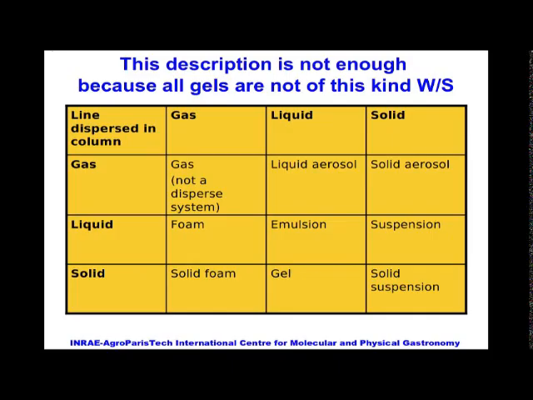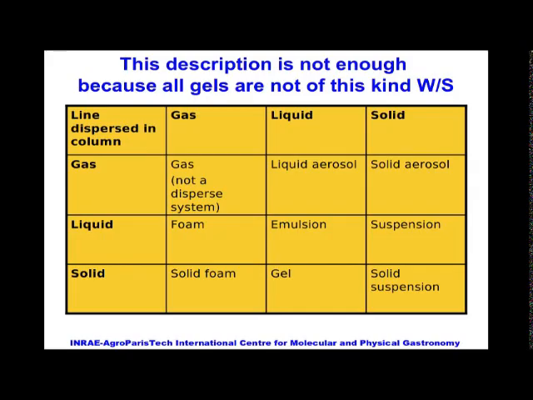In this table, it is proposed to disperse a gas or a liquid or a solid into a gas or liquid or solid. And this is how some words are introduced. For example, gas into liquid, it's a foam, or solid into liquid, it's a suspension. Solid into a gas, it's a solid aerosol. Okay.